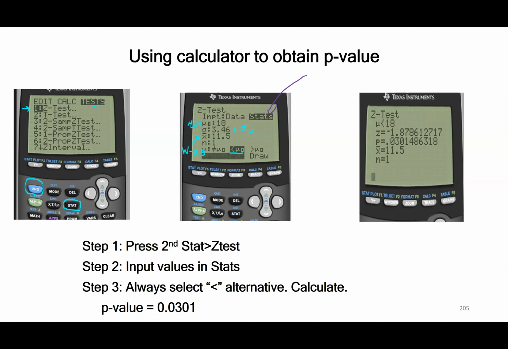And then always pick lower than, because the way we have it set up, it's always going to be lower than. Then tell it to calculate, and look, our p-value matches what we got from the table. It goes out to more places, but we're totally happy if your p-value is out to 4, it's good.